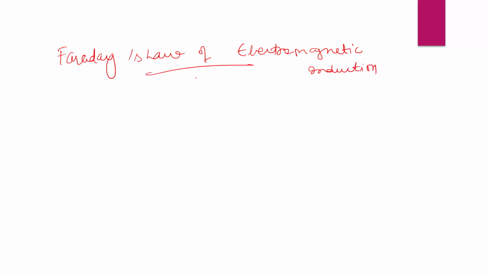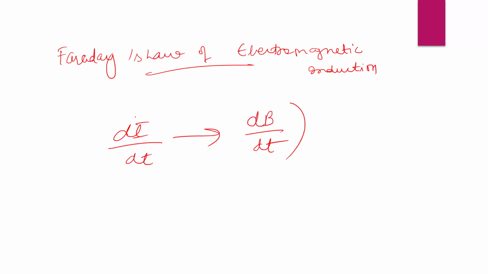So what is Faraday's law of electromagnetic induction? It says that changing current in a conductor produces a changing magnetic field. So this is the first law of electromagnetic induction, Faraday's law.